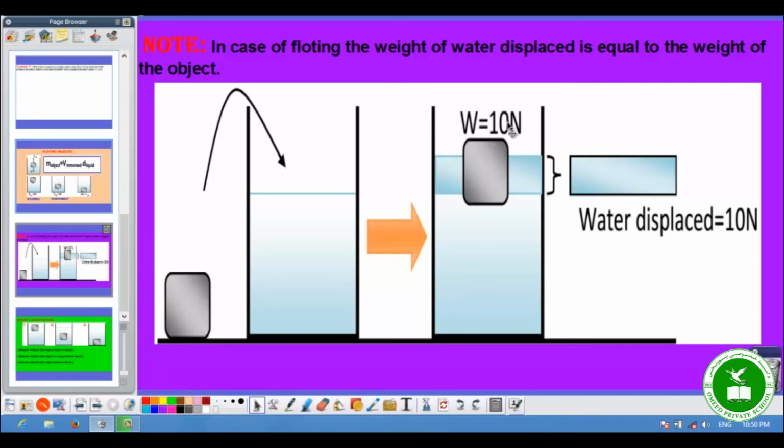You see here, the weight of the object is 10 and the weight of this displaced liquid is also 10. In the floating case, upthrust force is equal to the weight of the object, and that is equal to the weight of displaced liquid. You see, in case of floating, the weight of water displaced is equal to the weight of the object, and that is equal to upthrust force.